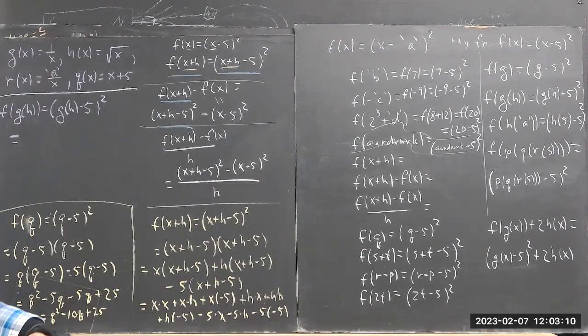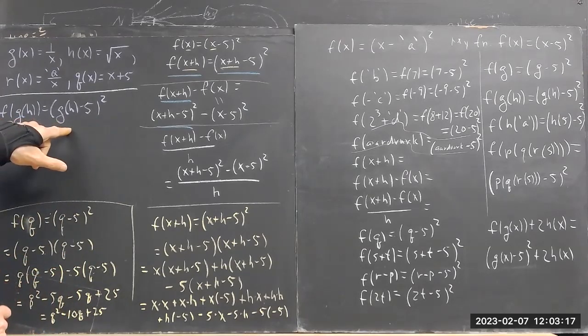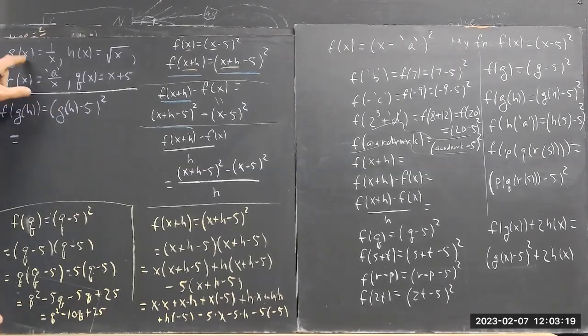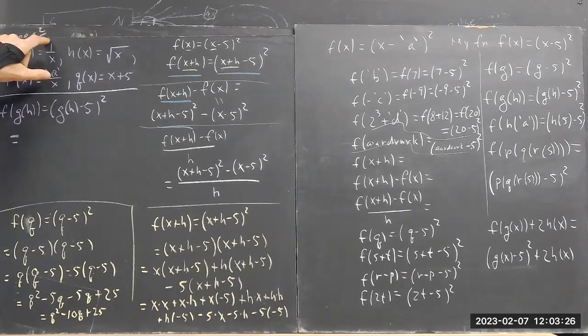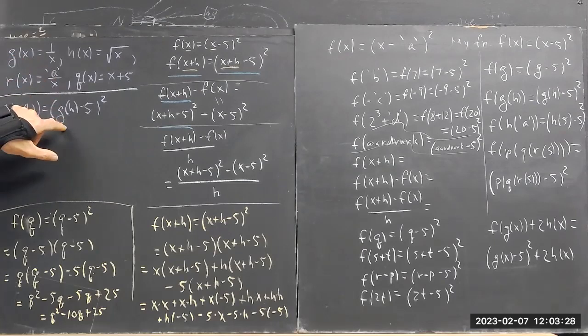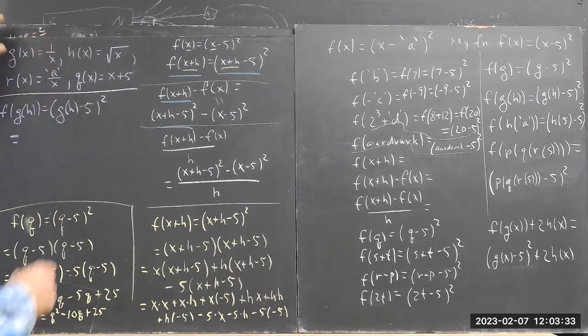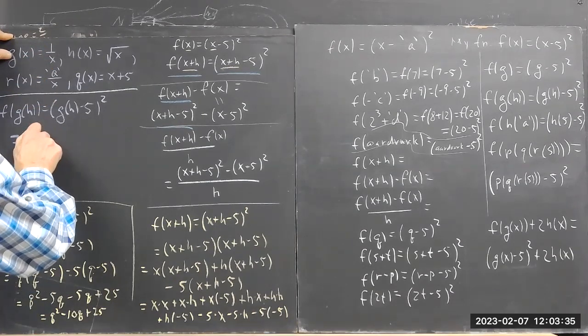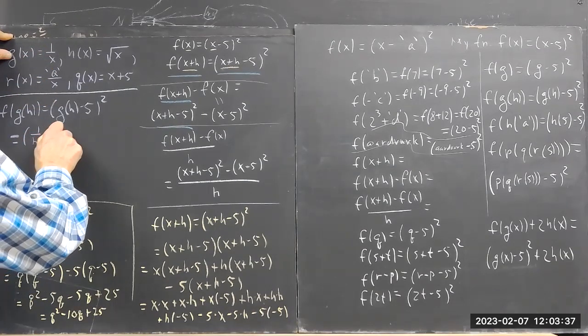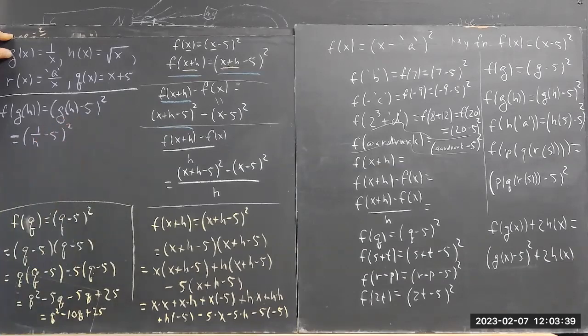So what's g of h? It's 1 over h. Okay. Here's your formula for g of x. x has been replaced by h. This is the rule that tells you what to do with whatever's in parentheses here. So h is in parentheses, x is replaced by h. Replace this x by h. And this is 1 over h minus 5 squared.